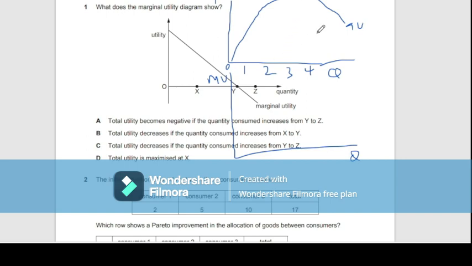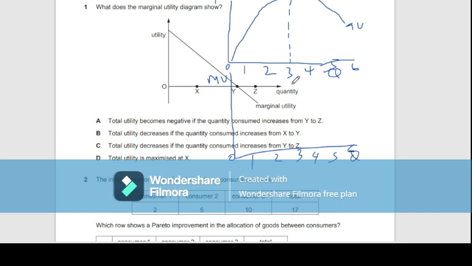Now let's assume this is 5, this is 6. So our marginal utility will start from 0, 1, 2, 3, 4, 5, and 6. So when the total utility is at its maximum, clearly we are consuming 3 units there.